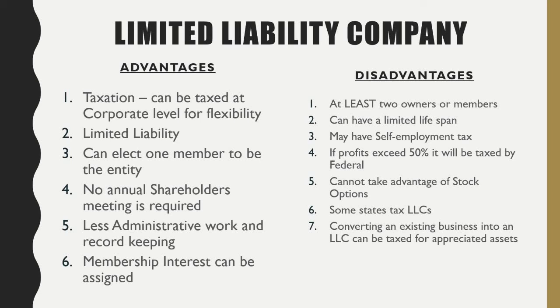Number 5 is going to be less administrative work and record keeping. What the limited liability company does is, instead of having extra people to run the company, it's limited.